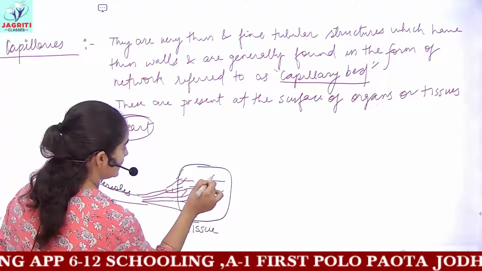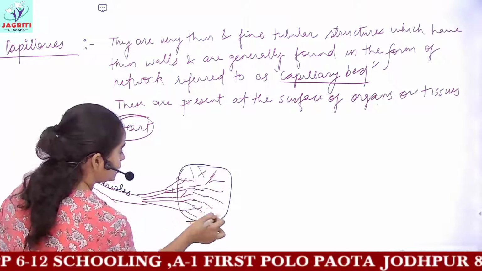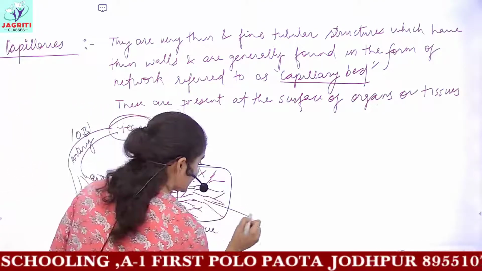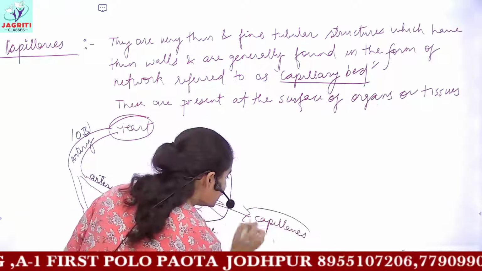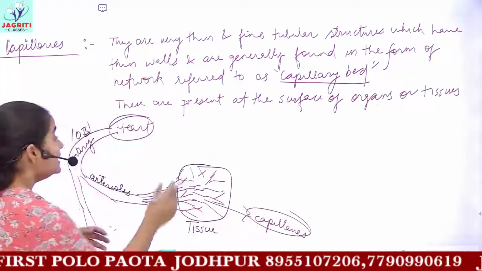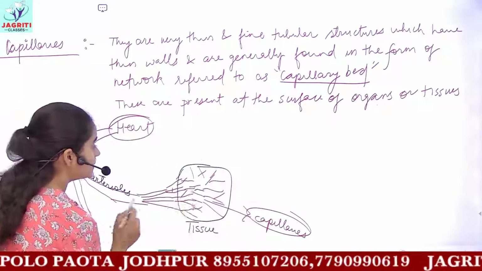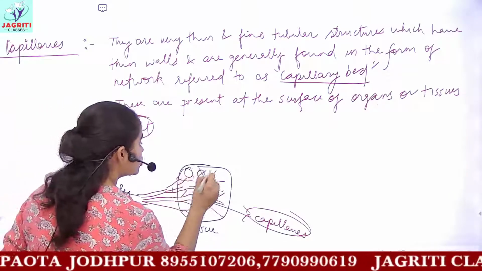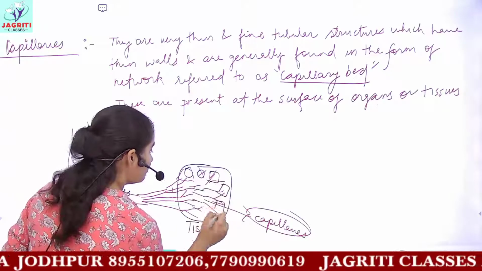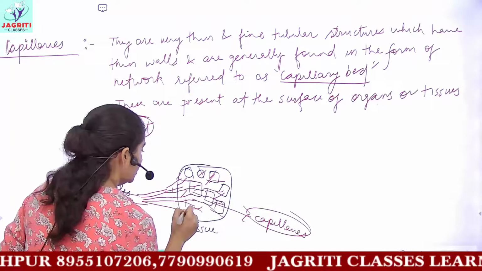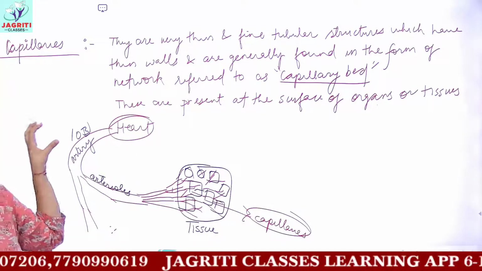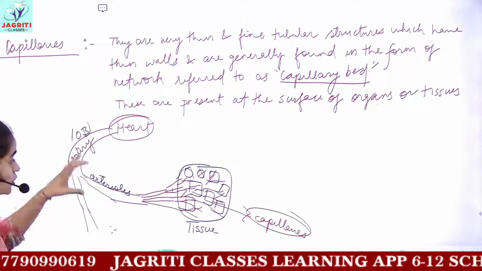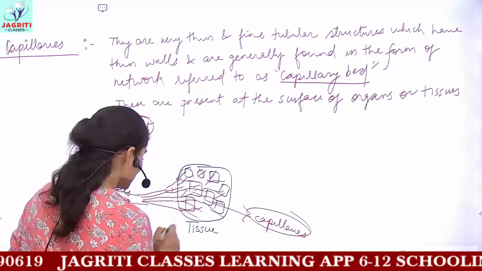So this is a network of very fine tube-like structures, and these are your capillaries. With the help of these capillaries, each and every cell present in this tissue, which is made out of a group of cells, is served. The function of the capillary is to provide oxygenated blood, that is the blood carrying oxygen, to each and every cell.